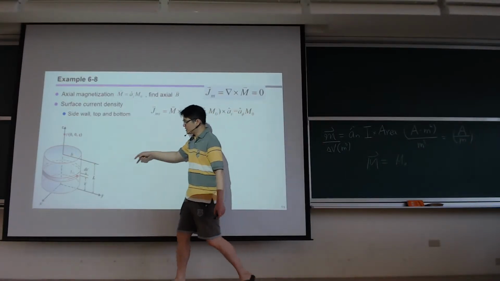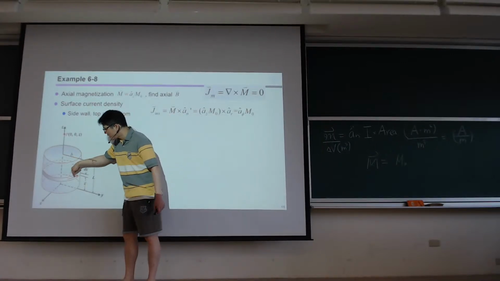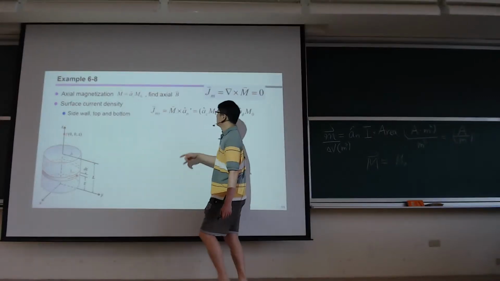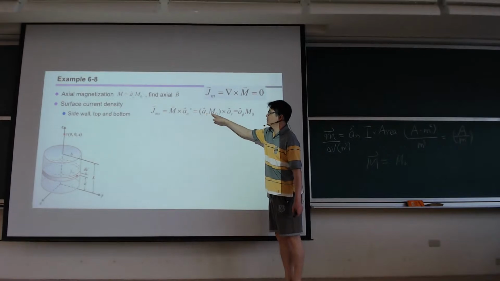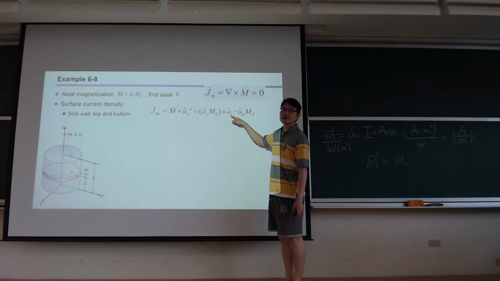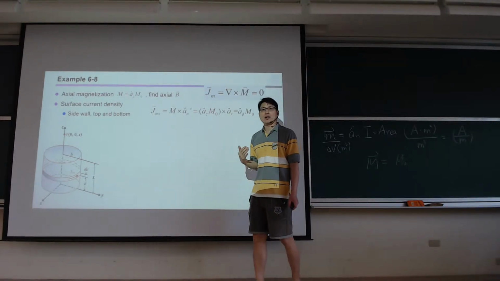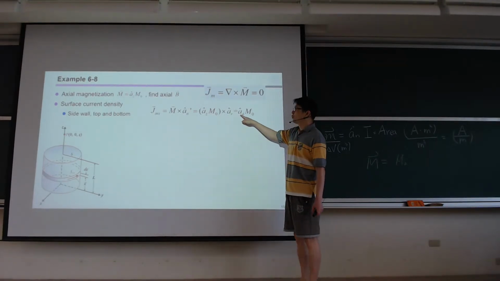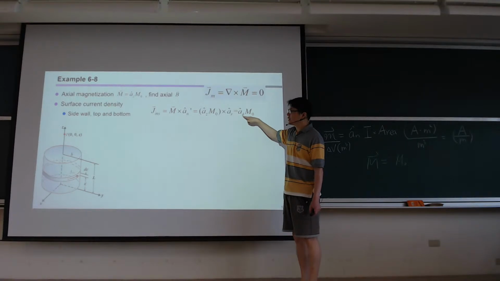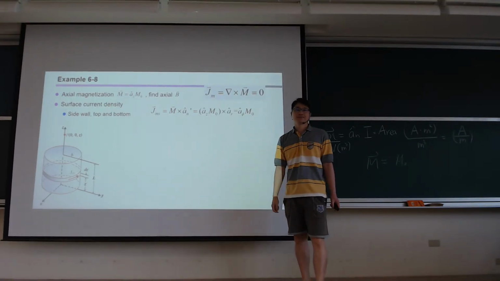In this case, the surface normal everywhere on this cylindrical surface is pointing in the radial direction. So you have a Z direction, M0 as a constant, making a cross product with a_r. Z cross r is phi. So the resulting surface magnetization current density is pointing everywhere in the phi direction and with a magnitude of M0.